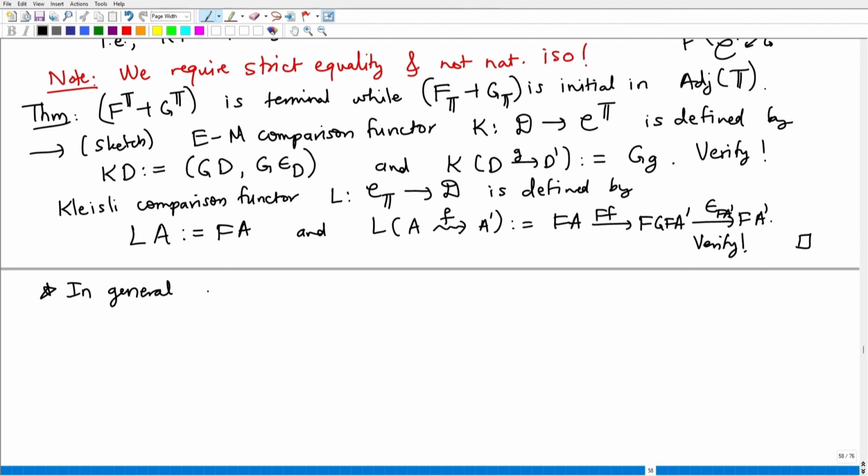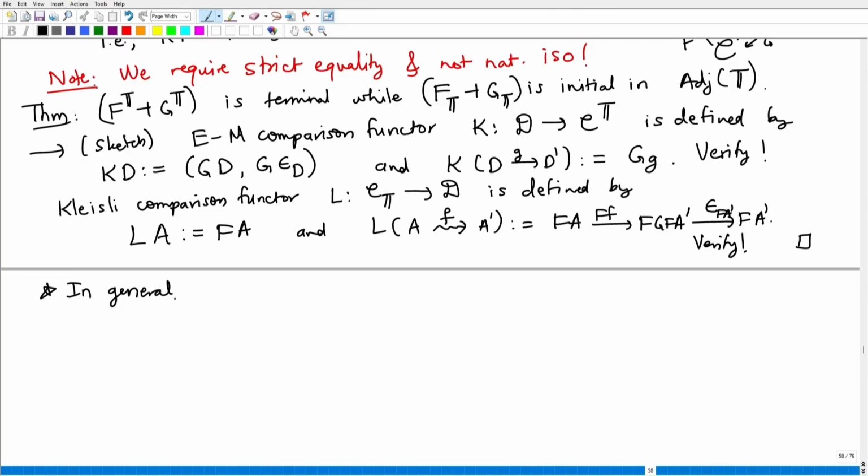this minimalistic construction doesn't allow passage of a lot of things. So therefore, in general, C_T has few limits, even if C has.